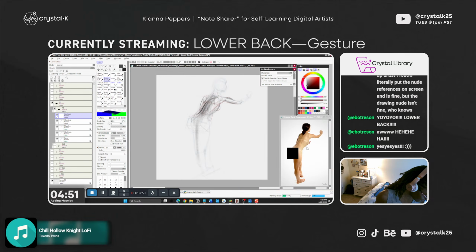Ooh! Her boob's a little too low. Oh no. Or we didn't give her enough rib. I think that's what it is. She has more rib than I gave her. There's her rib. Oh. See, this is why I'm glad we're doing this. Contour is way lower.